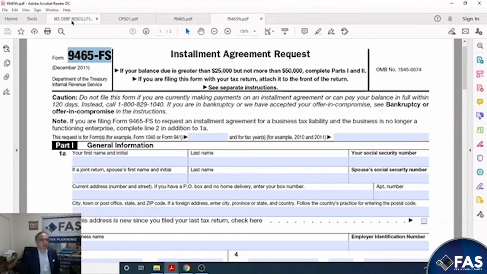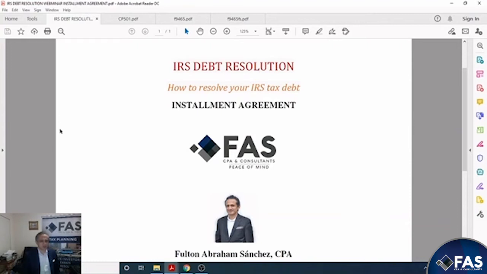We have to remember that every time we receive a letter from the IRS in the mail, it happens because there is a discrepancy between the amount that we report in our tax return and the numbers in the forms that the IRS has in their records.